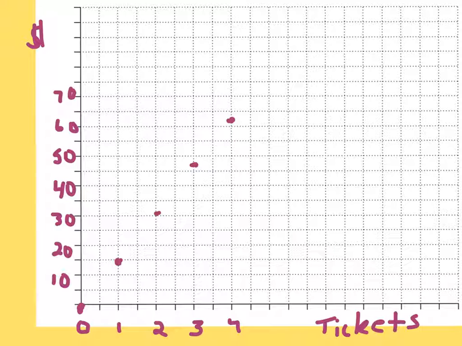You can do it, but they're going to look at you kind of awkward and think you're out of your mind. So for this case, because x is tickets, we're not going to draw the line. This is discrete. You can only have an integer number of tickets: 1 ticket, 2, 3, 4, 5, and so on. You can't have 2.35 tickets. So we're not going to connect these points with a line.